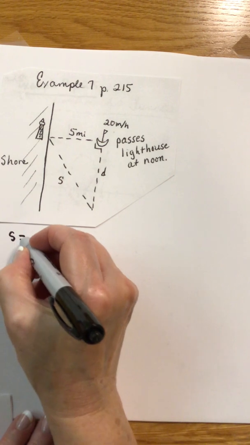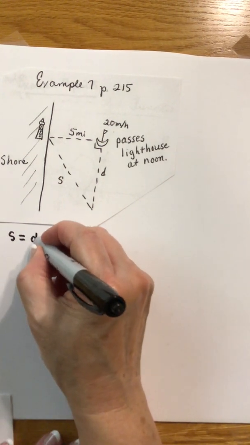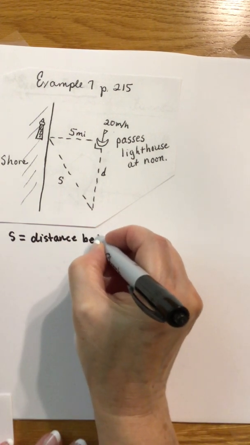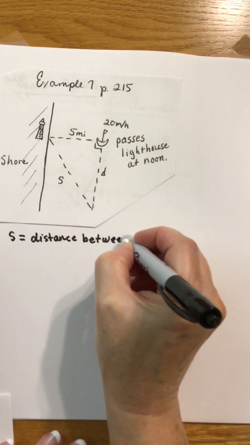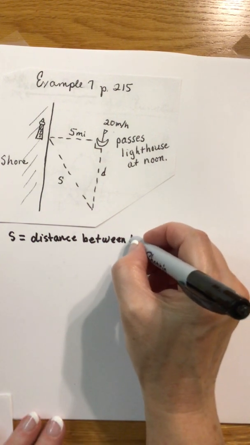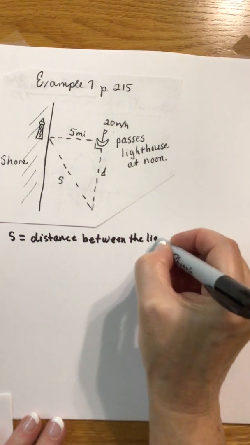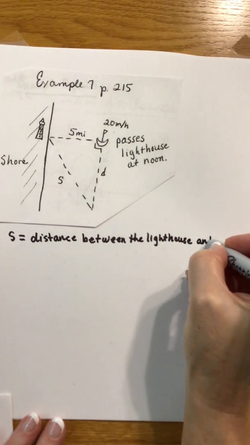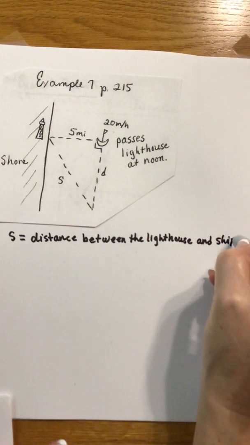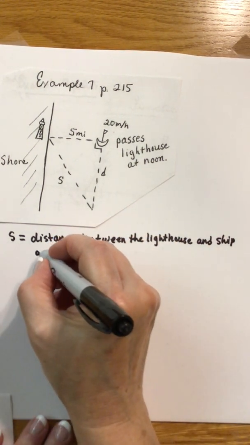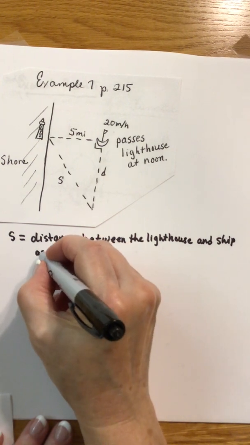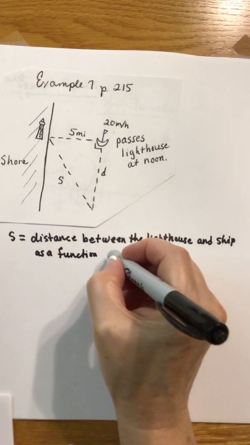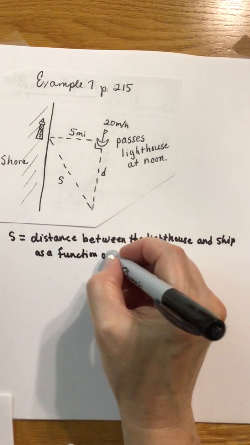S is going to be the distance between the lighthouse and the ship as a function of d.